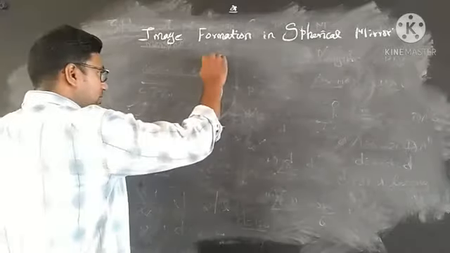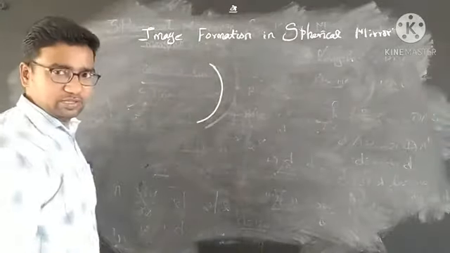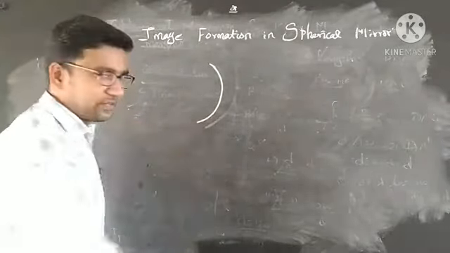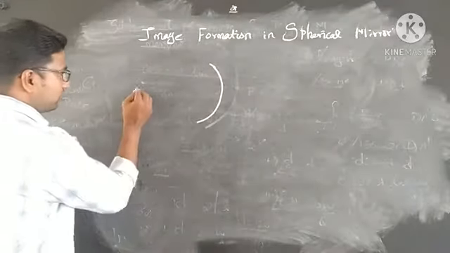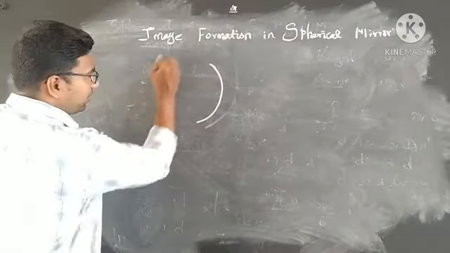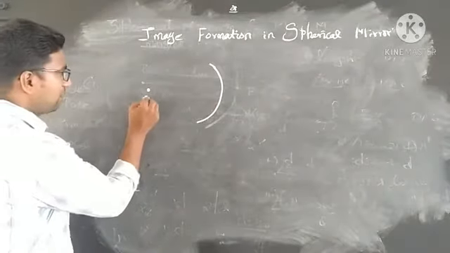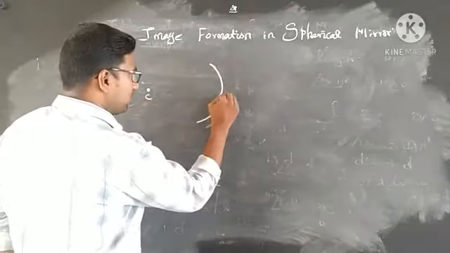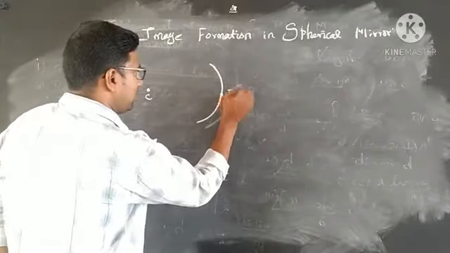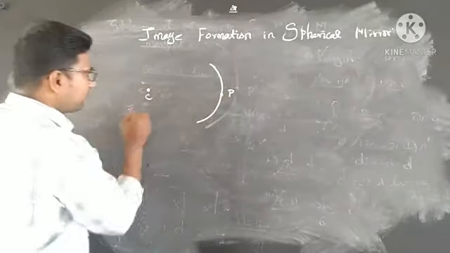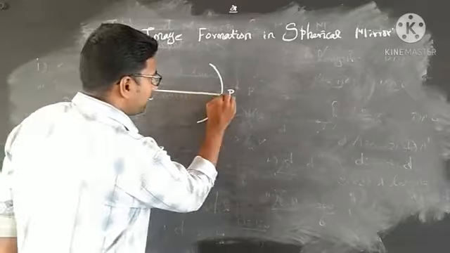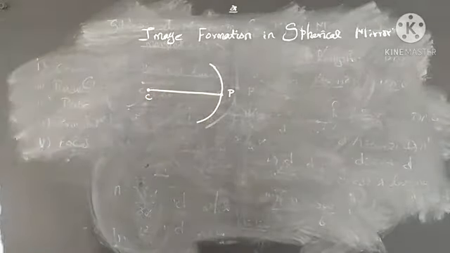We know very well that the reflected rays come from the inner surface of the spherical mirror. The center of the spherical mirror is the center of curvature C, and the midpoint of the concave mirror is the pole. The line joining them is the principal axis.